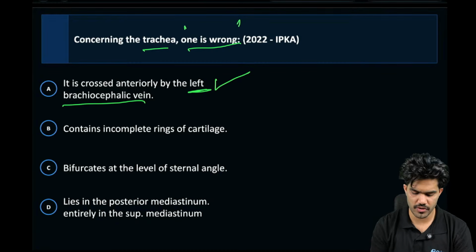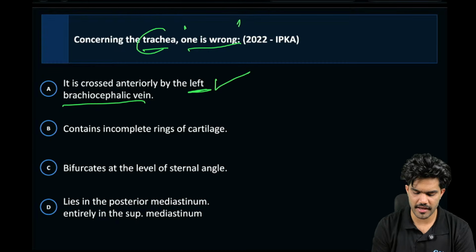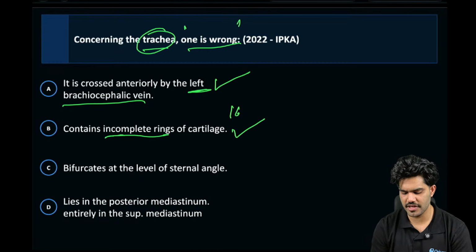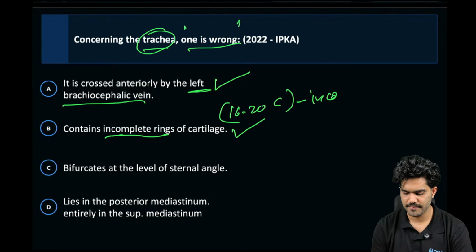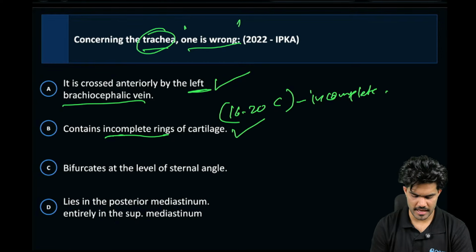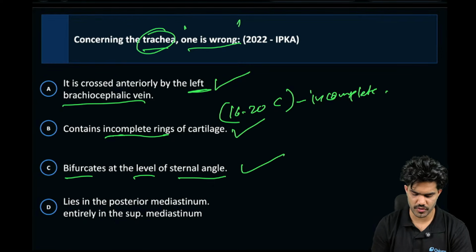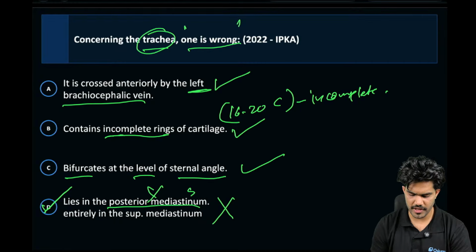Superior vena cava. So it is crossing the trachea. Contains incomplete rings of cartilage. Yes, 16 to 20 C-shaped incomplete rings. Bifurcates at the level of sternal angle. Yes, that is also true. So the wrong statement will be D. It lies in the posterior mediastinum. No, it lies in the superior mediastinum.